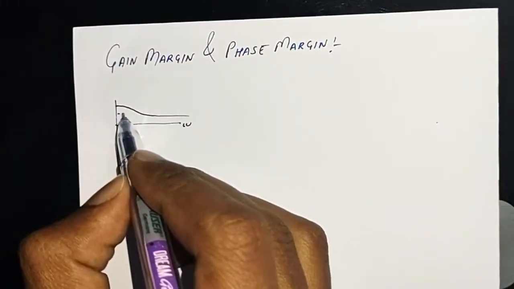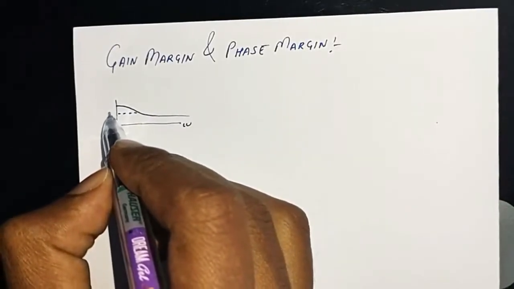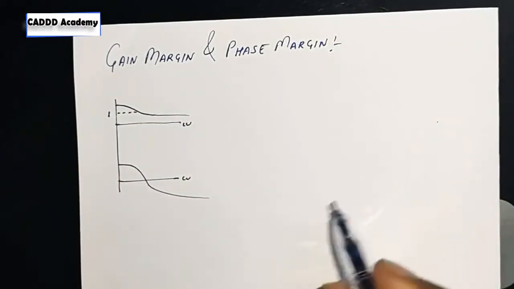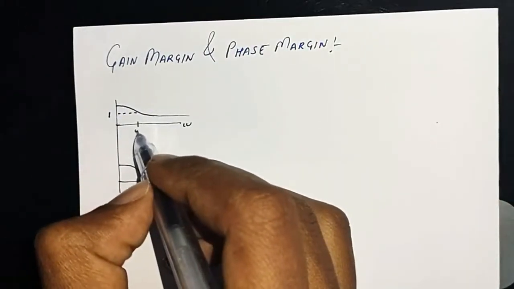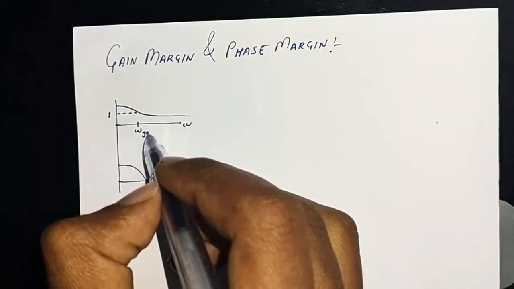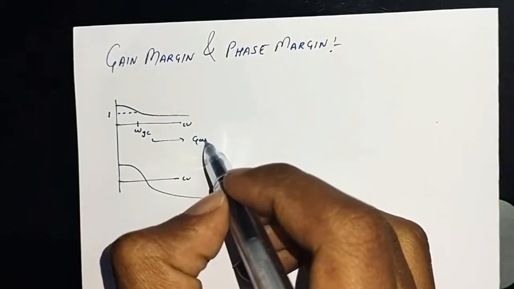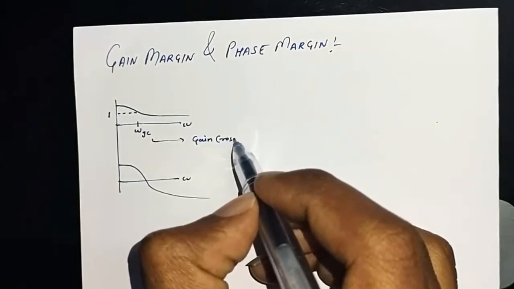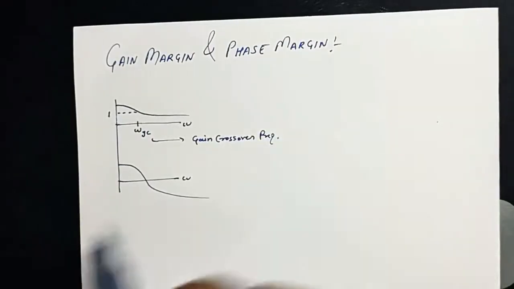Wherever the magnitude of the response reaches 1, that frequency is called omega GC, which is gain crossover frequency.